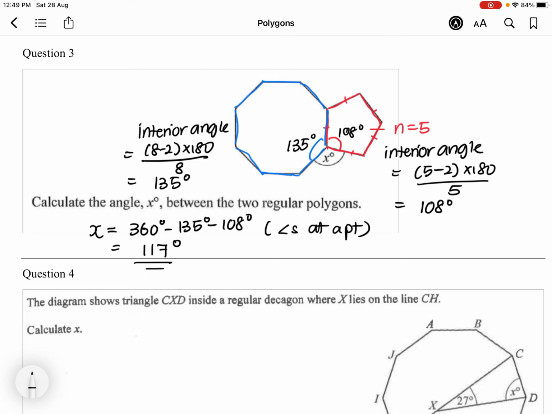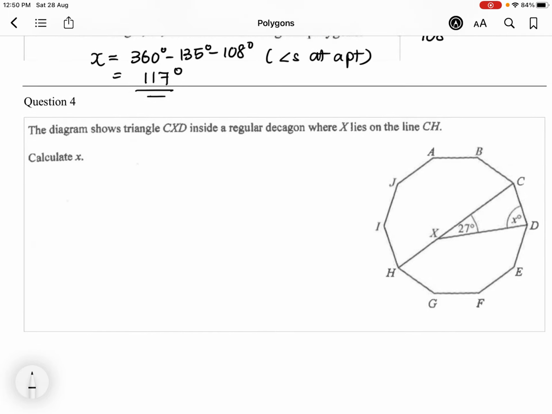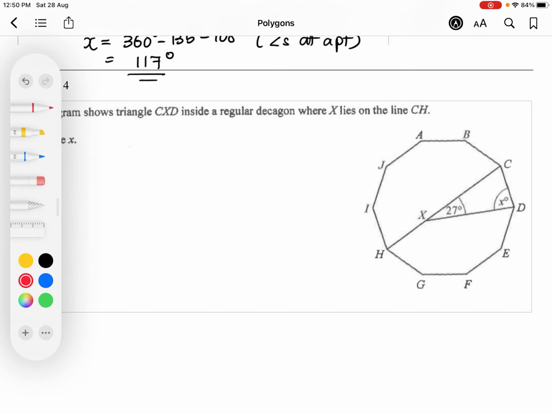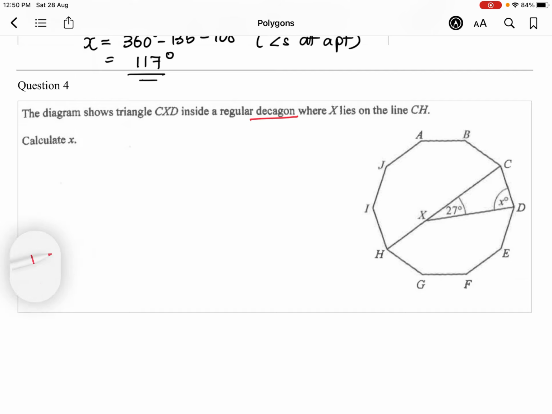Okay. Next one, let's look at the next polygon over here. This diagram shows a triangle CXC inside a regular decagon. What is a decagon? How many sides are there? Well, a decagon has n equals the number of sides, deca, 10, so a decagon is 10.